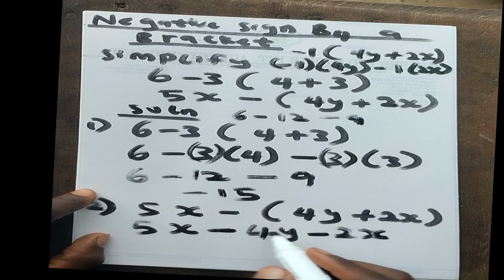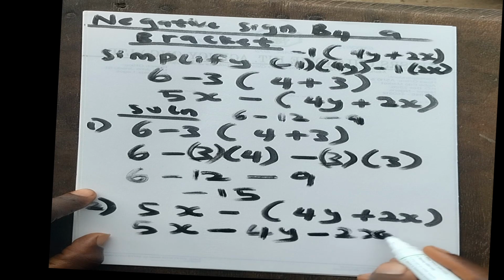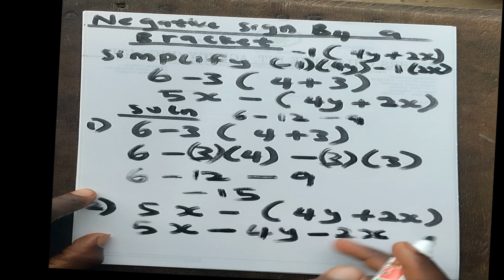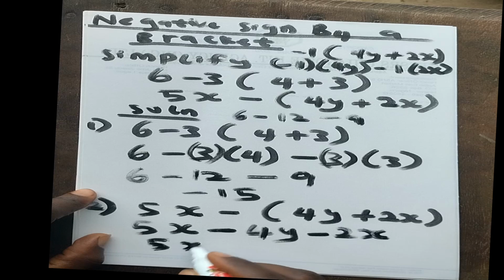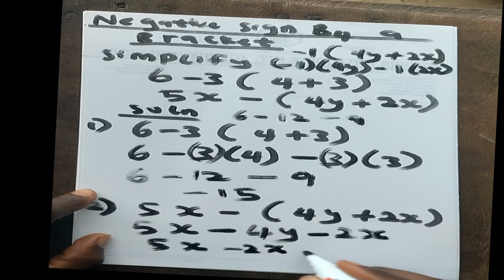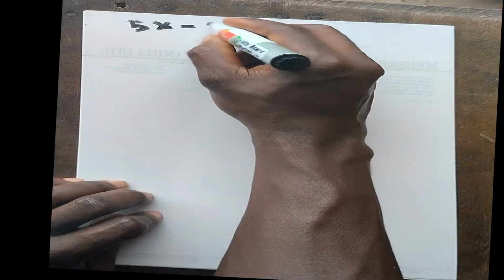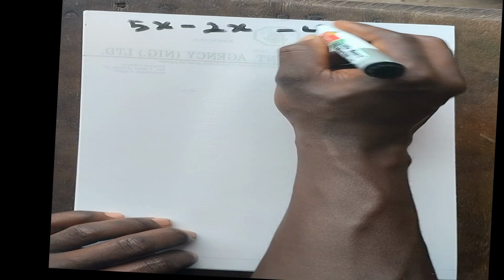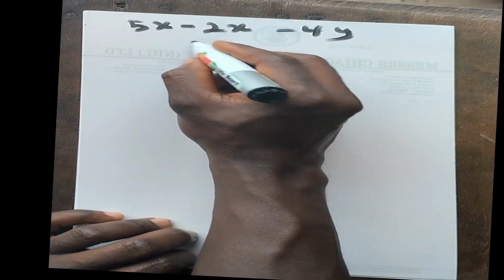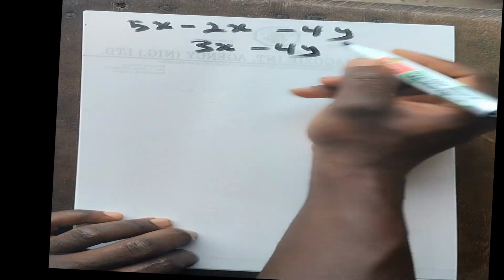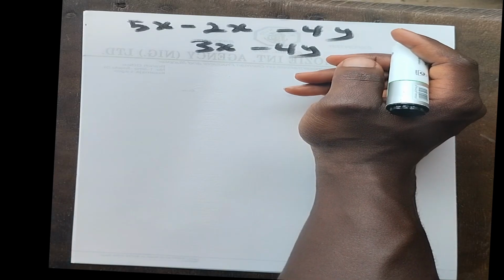So this is 5x minus 4y minus 2x. Rearranging: 5x minus 2x minus 4y. We stopped at 5x minus 2x minus 4y. So 5x minus 2x is 3x minus 4y. This is the final answer.